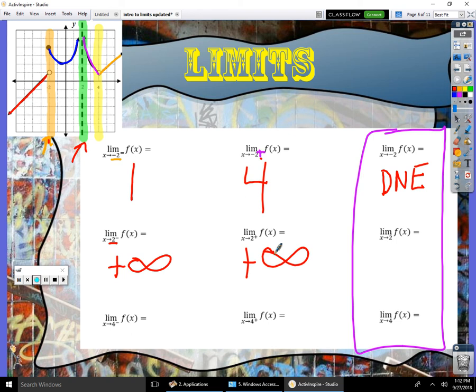If you were to put positive infinity, I'm going to accept it because it's not a true value. But this one does not exist, because I can't pinpoint infinity. And it definitely does not exist if one's going to positive and one's going to negative. If you put positive infinity, I would let it slide because maybe they do meet up at infinity, okay?